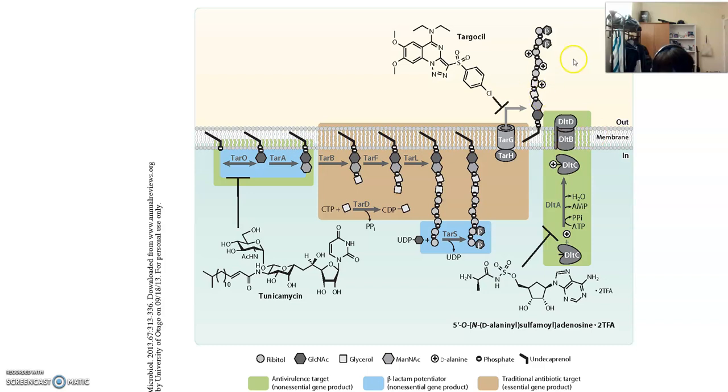Once it's done that, the extracellular enzymes are going to come in and cleave it from the C55PP, the lipid carrier, and attach the mature teichoic acid to the peptidoglycan.